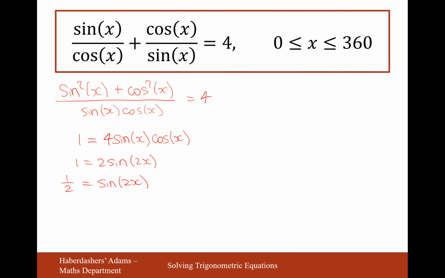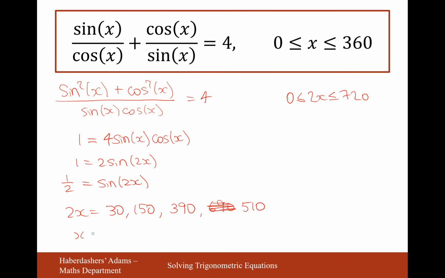and then the 2x will be from 0 to 720, so 2x will equal 30, 150, 390, and 690. Hold on, no, not 690. It's going to be 150 add 360, which would be 510.